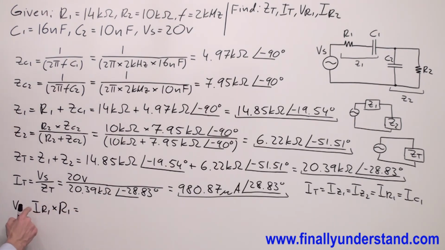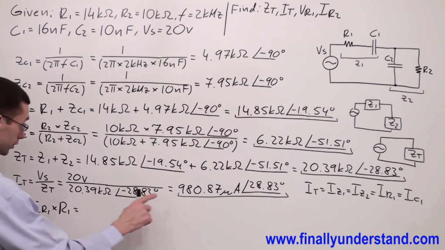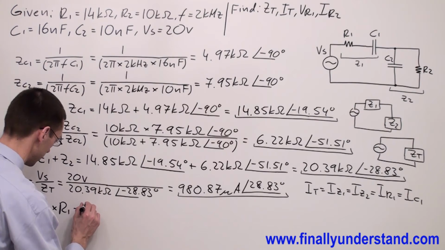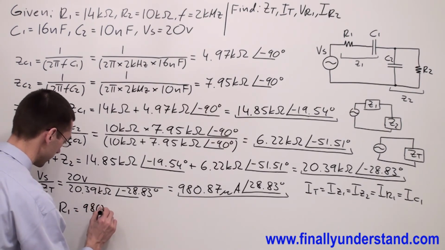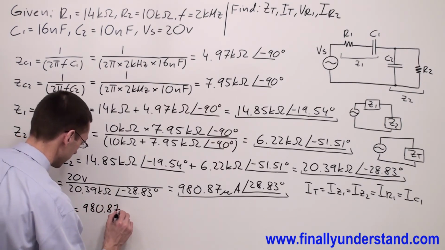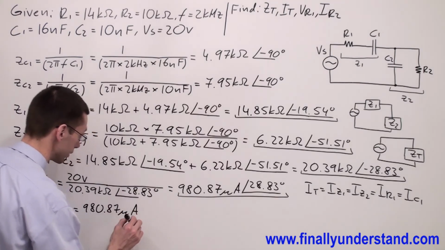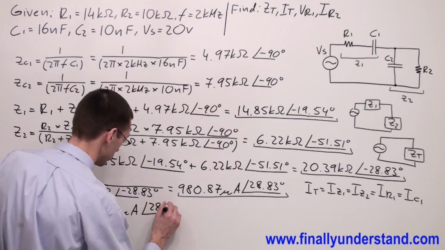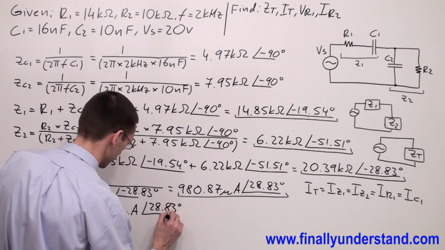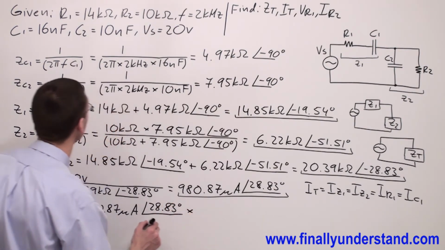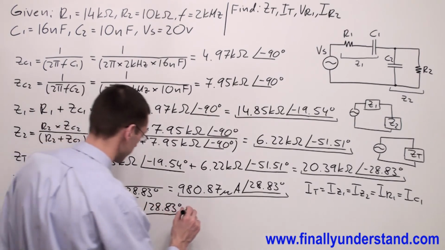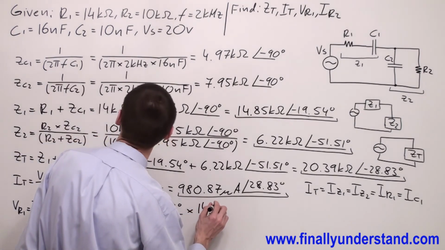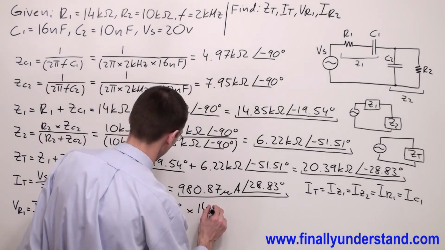Remember, voltage is equal to current times resistance, where IR1 we said is equal to 980.87 microamps and angle of 28.83 degrees times R1, which is equal to 14 kilo ohms.